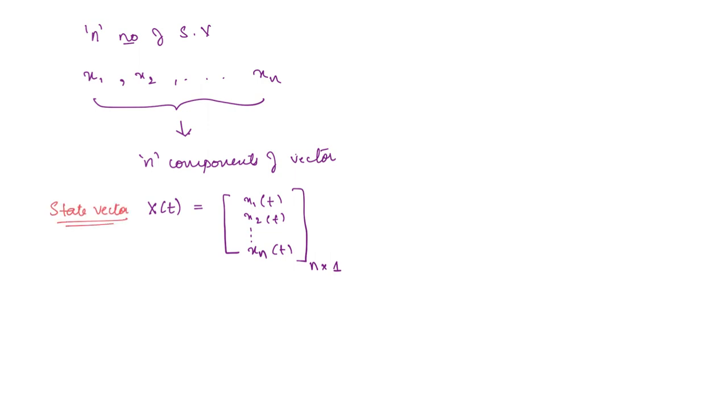The vector that we are most familiar with is the vector in vector algebra, where we see a i bar plus b j bar plus c k bar. This is a vector having 3 components, right? In matrices, when we saw vectors, if you consider a row matrix or a column matrix, this is a row matrix and this is a column matrix. Let's say there are n number of columns here.